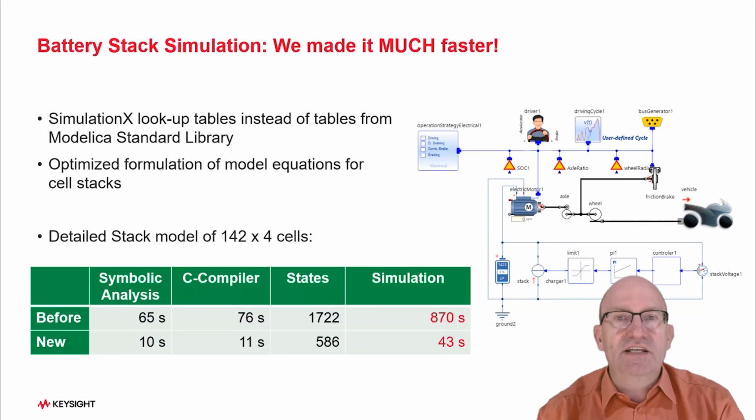In my motorcycle model, the stack model has 142 cells in series and 4 of those packs in parallel. If I just model this as individual cells, I will see that the model complexity quickly grows and explodes, which means I will have to pay a penalty in symbolic analysis, in compilation time, in the number of states, and eventually in simulation time.